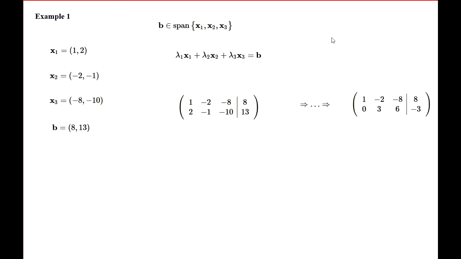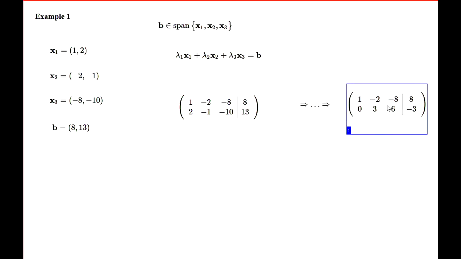And this is the one which will help me to decide whether we have a solution. The test is that the right-hand side column in your row echelon form should not be a leading column. This column is not a leading column because there's a pivot and this is a pivot, and that's it. There are only two pivots in this matrix, and that's two leading columns.